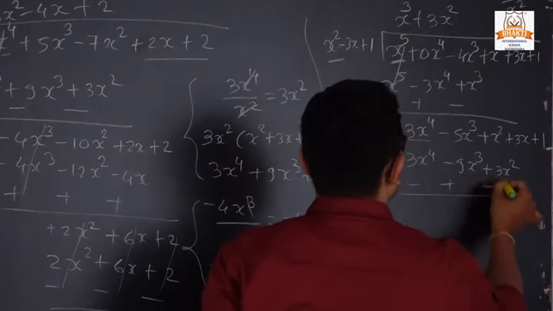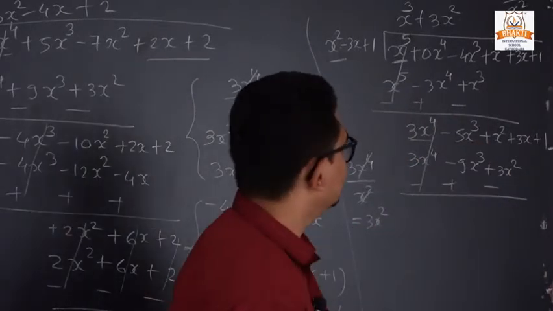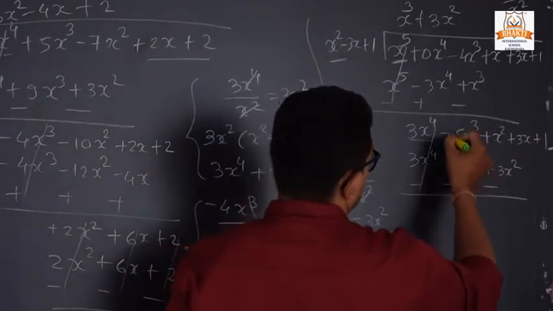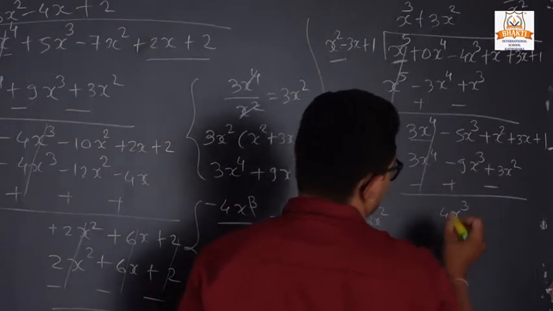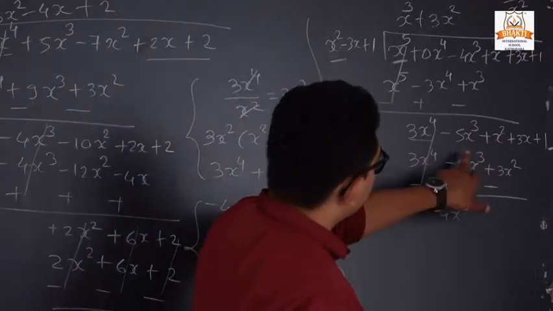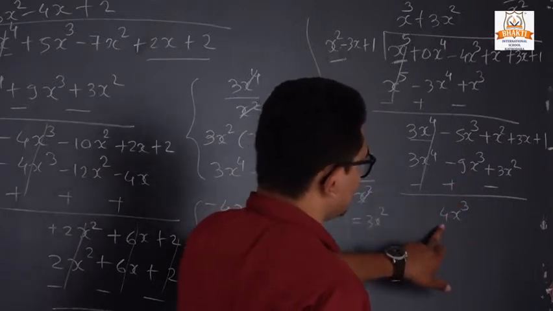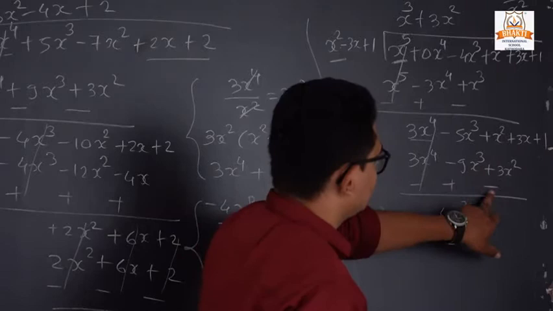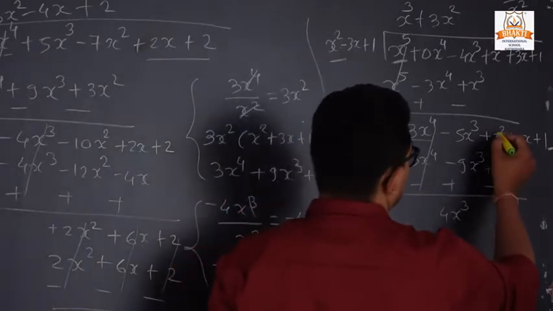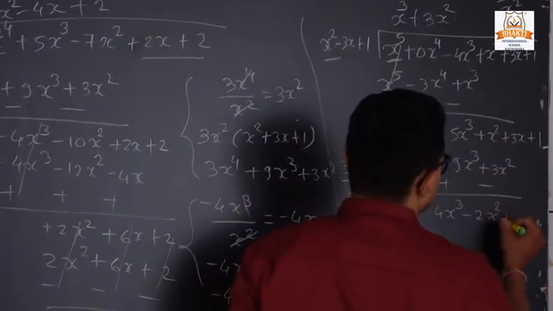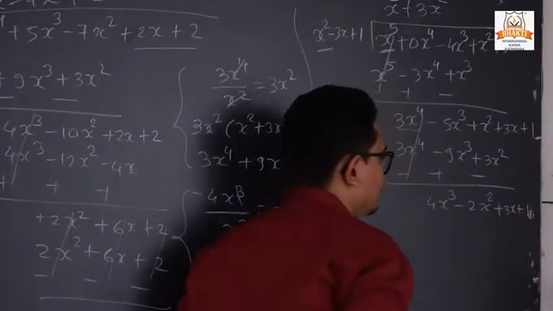Once again signs will be changed, so these both are cut, plus minus minus, and here 9 minus 5 is 4, and 9 is the greater number, so we use the plus sign, then plus minus minus, so 3 minus 1, so minus 2x square plus 3x plus 1.